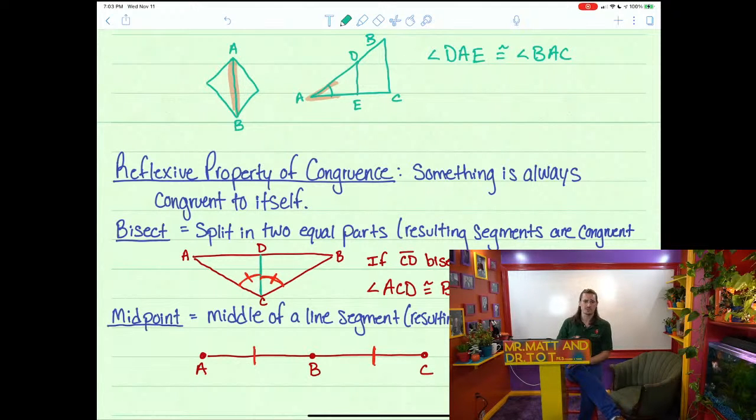And that comes up all the time because if you want to use a particular postulate in order to prove a statement to be true, usually that one triangle is congruent to another triangle, then you have to explicitly state your reason for why each of the components of the postulate is true, making the overall argument true.